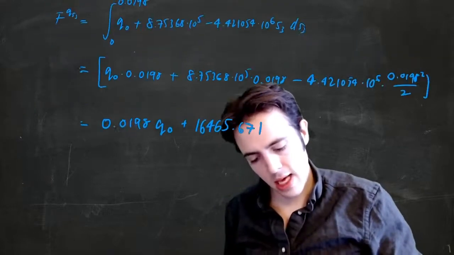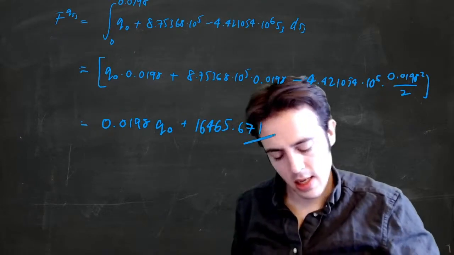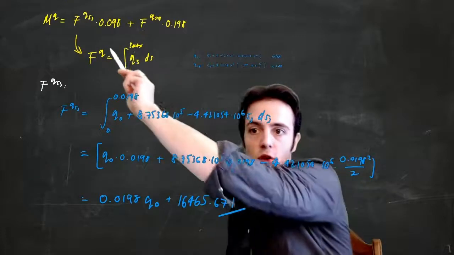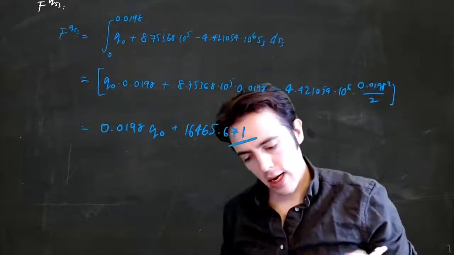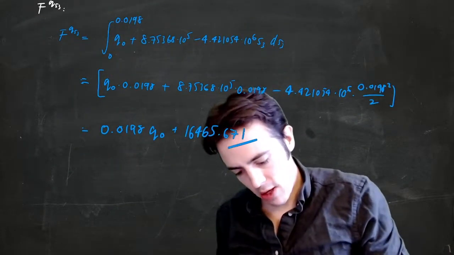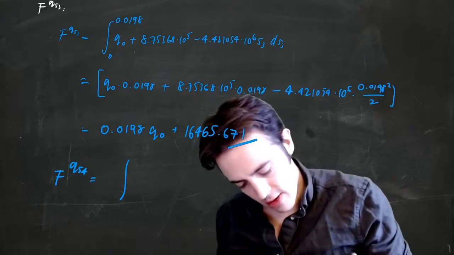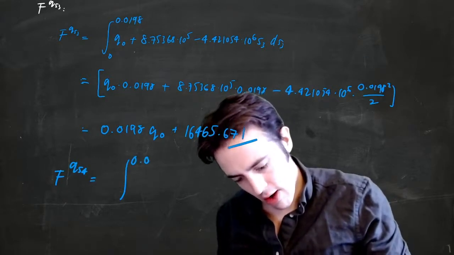Okay, that gives me this value here, and that's going to be my FQS3. Now let's do the same for FQS4. That's going to be the integral from 0.